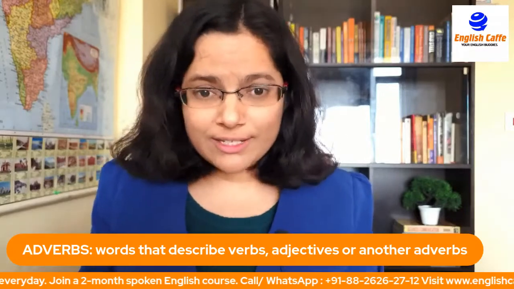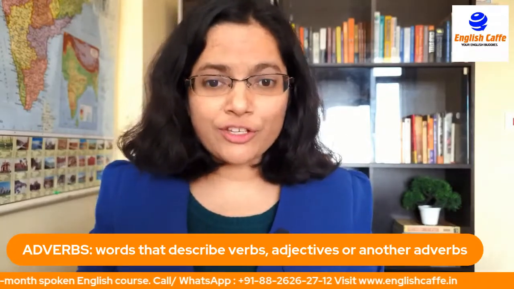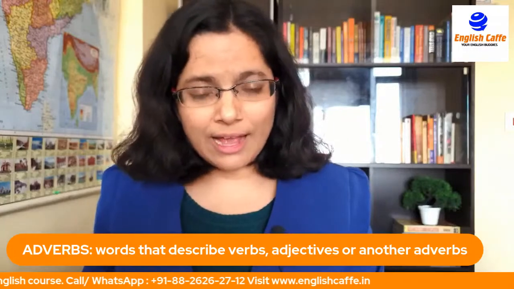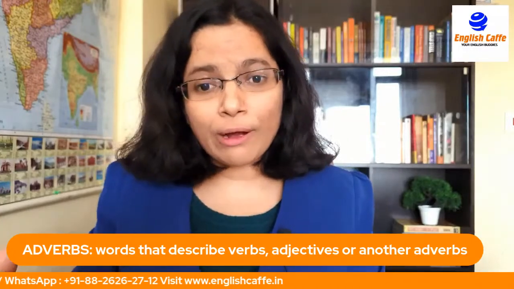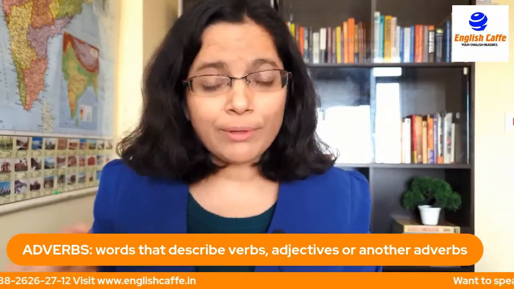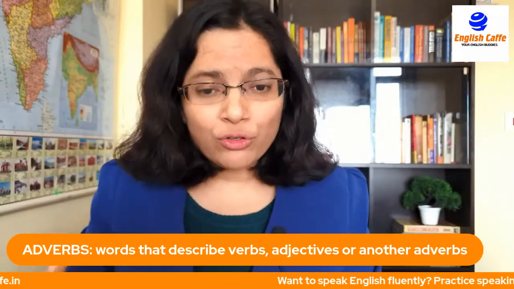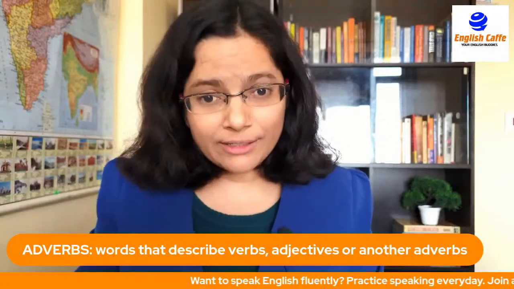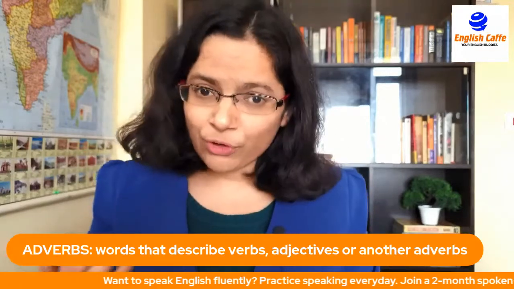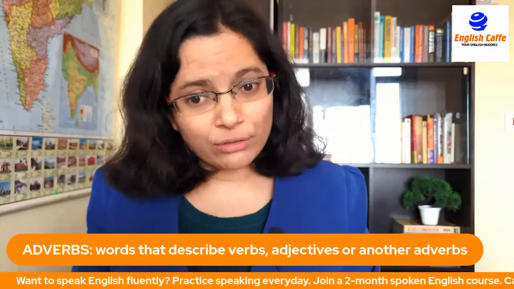But if I say she is extremely talented, now I'm telling you more about how talented she is. I'm describing the word talented more. So because the word extremely is giving you more information about the word talented, it is an adverb. So all these words that describe adjectives are also adverbs.